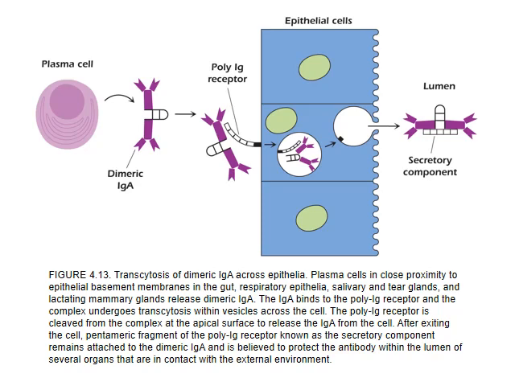Then we have a very specific receptor called the polyimmunoglobulin receptor. This receptor is expressed on all those epithelial surfaces of the respiratory tract, genital tract, GI tract, and nasal tract. Wherever there's an epithelium, there is a receptor on the inner side of this epithelium.